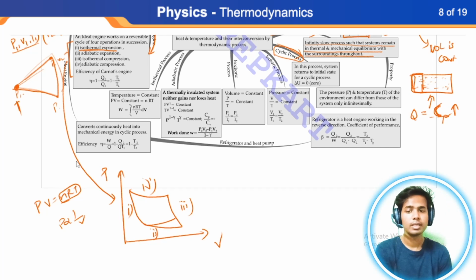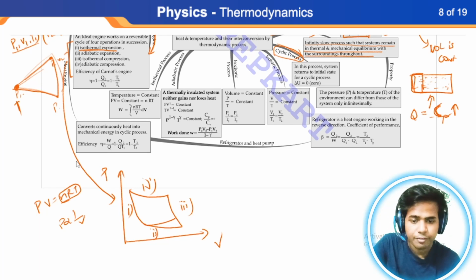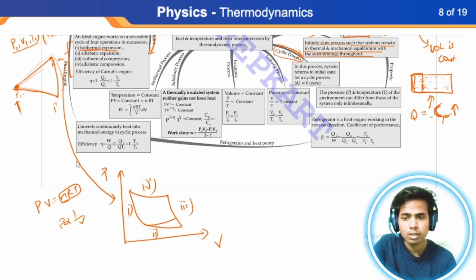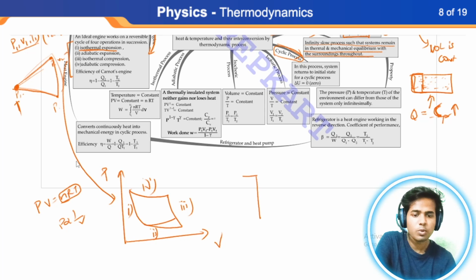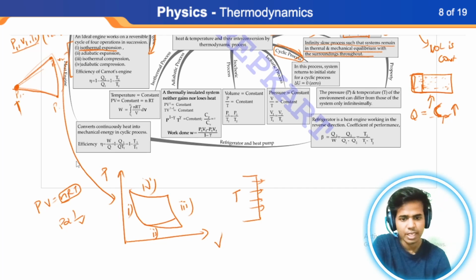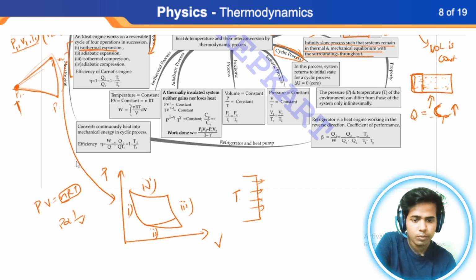This engine which performs these processes is called the Carnot engine. The efficiency of the Carnot engine is basically based on the heat that you have provided, which must come from some heat reservoir at some temperature T1.